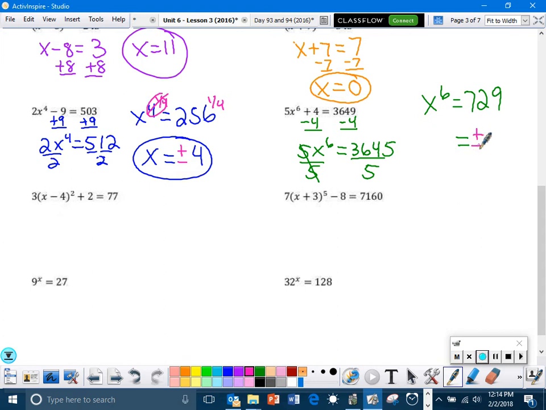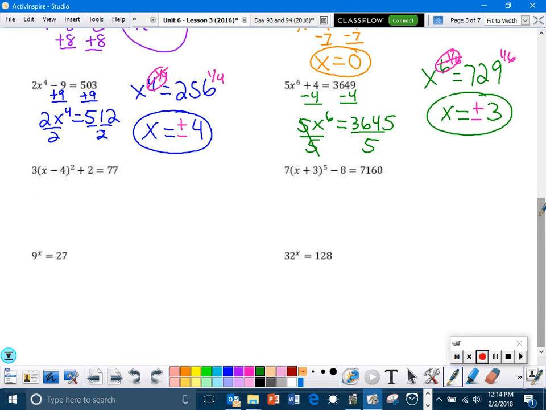Get rid of the 6th. We're going to use 1/6. 6 and 1/6 cancel. And 729 to the 1/6 power, and again, make sure you're using parentheses, we will get 3. So the answer is positive or negative 3. Okay, moving on.